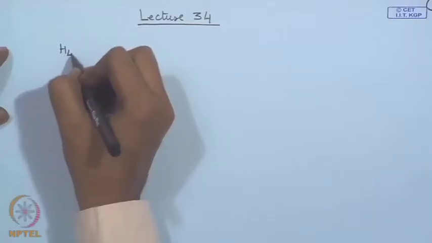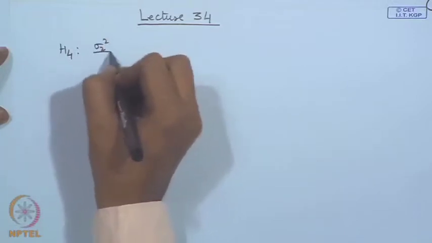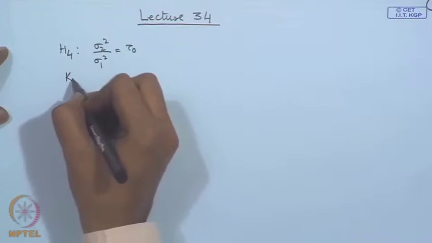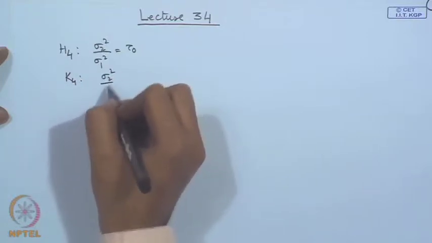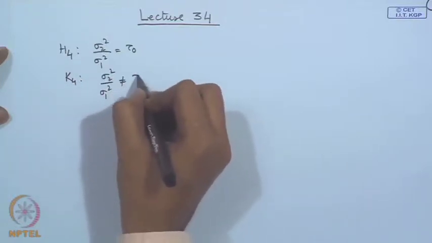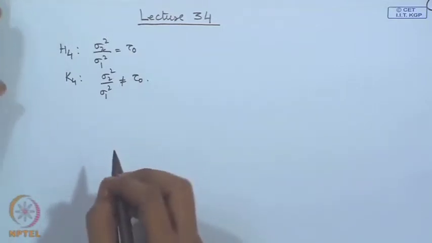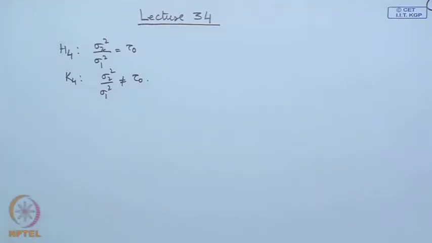Now, we will consider for the same model the hypothesis H 4, that is sigma 2 square by sigma 1 square is equal to tau naught against sigma 2 square by sigma 1 square is not equal to tau naught. Okay, so we need not write the expressions once again.